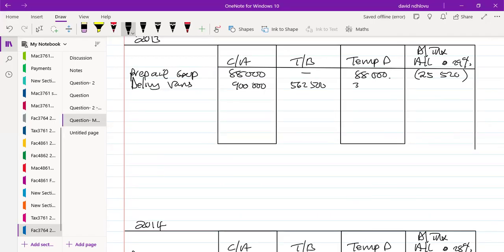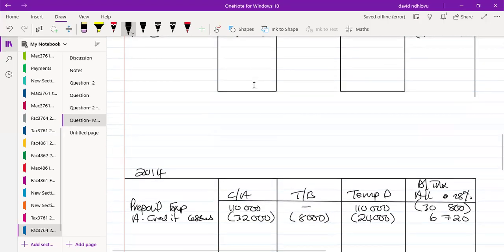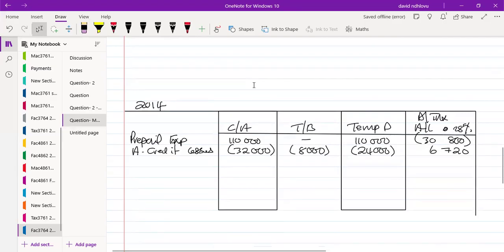Right, which gives us an amount of 337,500. Multiplied by 29% in the prior year, we have 97,875. As long as the temporary difference is positive, the deferred tax is a negative.